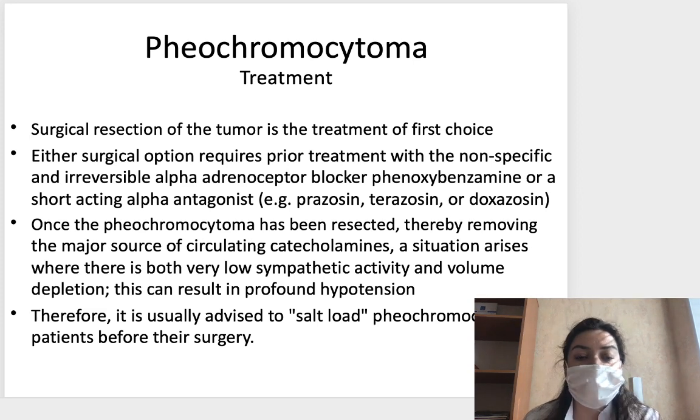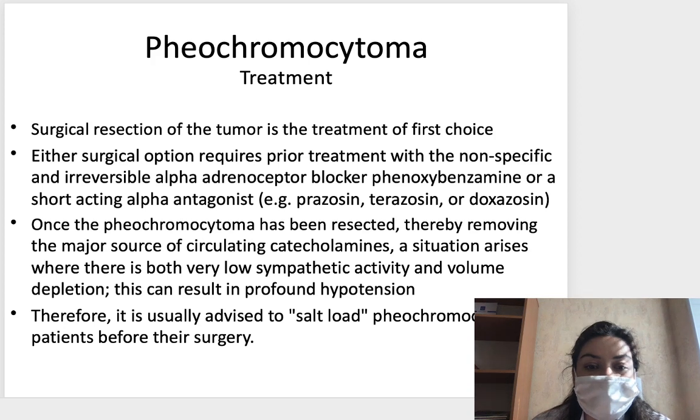Once the pheochromocytoma has been resected, thereby removing the major source of circulating catecholamines, a situation arises where there is both very low sympathetic activity and volume depletion. This can result in profound hypotension. Therefore, it is usually advised to volume load pheochromocytoma patients before their surgery.